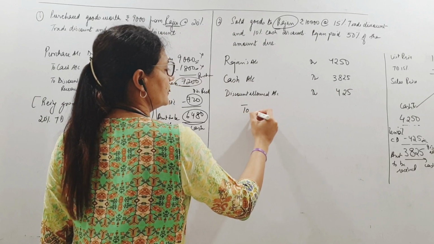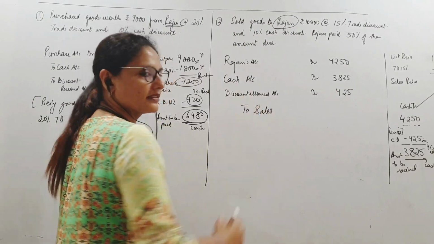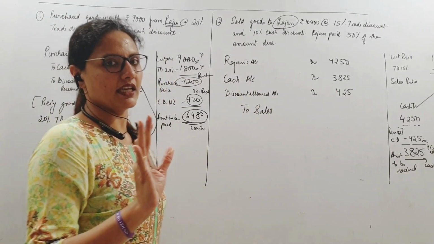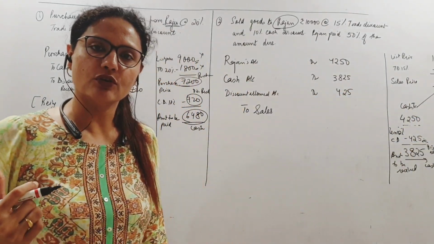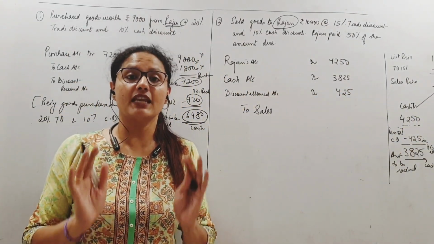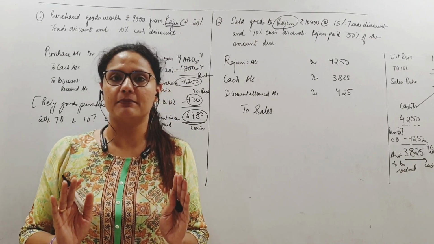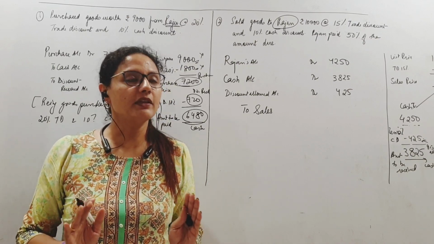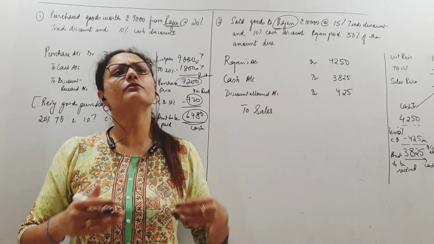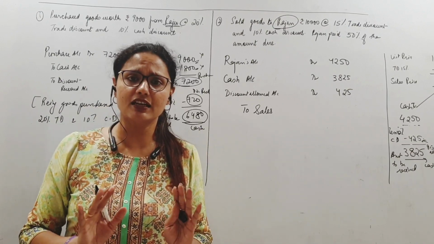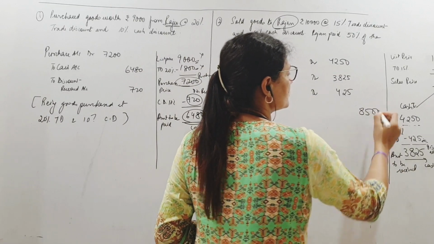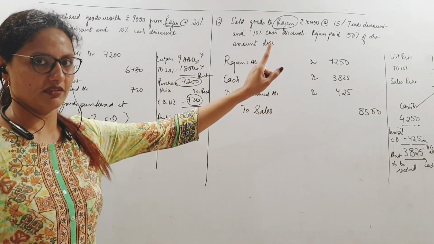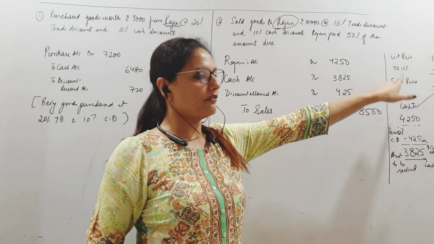What do I credit? What is my income here? Sales. Sales is the total, right? Whether you sell on credit or you sell in cash, sales is your income. Remember that. Okay? You might be receiving cash immediately or you might receive later. But you did sell the goods. So that is very much your income. So the entire 8,500, not 10,000. 8,500 after trade discount.